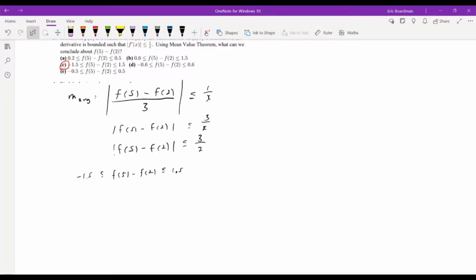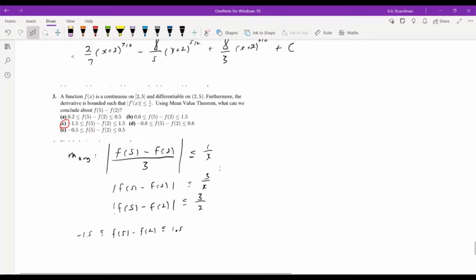So are there any more questions? Yeah, I can see how that one's definitely tough. It could throw you off. Like, it threw me off with the 3 over 5 thing. But you just want to remember that 3 over 5 is less than 3 over 2, and you're trying to maximize it because you're trying to find the range it's within.